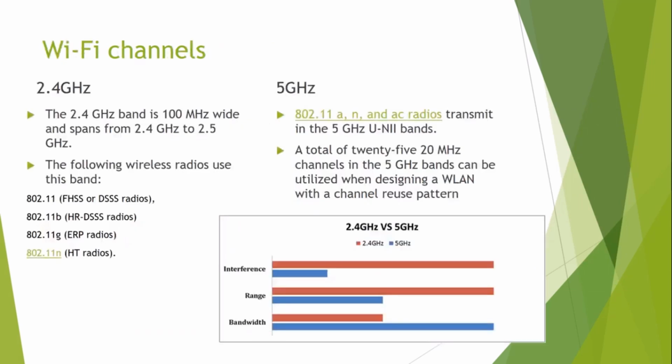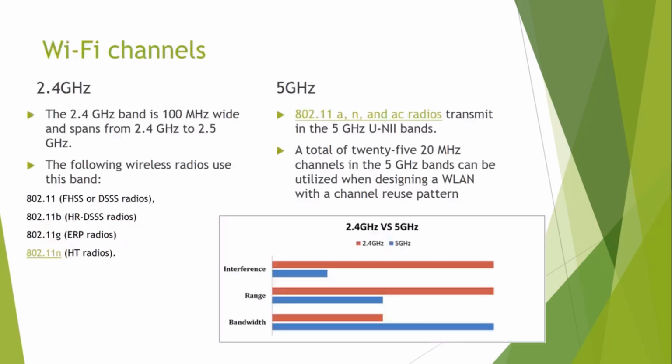Next one is Wi-Fi channels. I can divide Wi-Fi channels into 2.4 gigahertz and 5 gigahertz. If we talk about 2.4 gigahertz, its bandwidth is 100 megahertz. It spans from 2.4 to 2.5 gigahertz, and these are the following radio bands: 802.11, 802.11b for radios, 802.11g ERP radios.